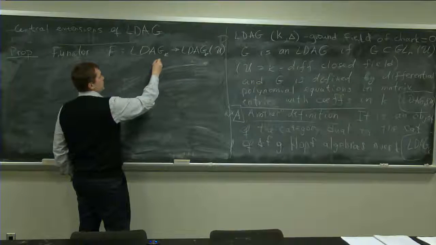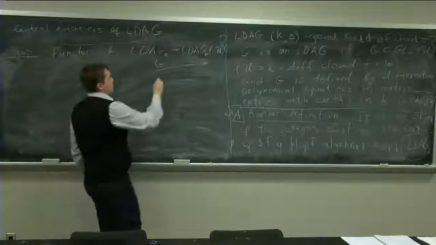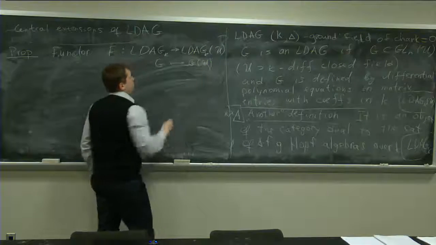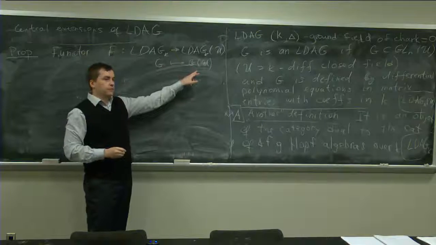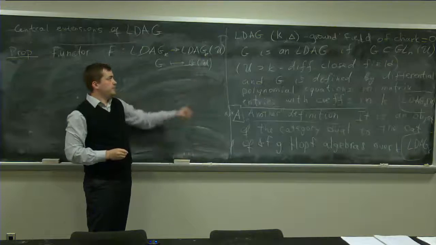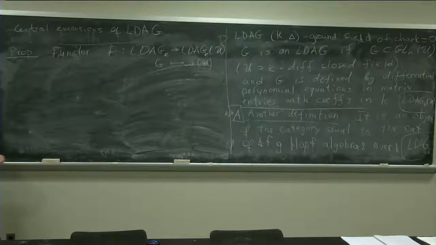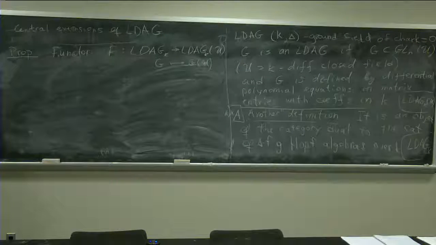We take G and we assign to it the points G of U. Here G is a Hopf algebra, and the points are the set of differential homomorphisms into U. It can be given the structure of a linear differential algebraic group, as in algebraic geometry. And a good property is that this functor is an equivalence of categories.